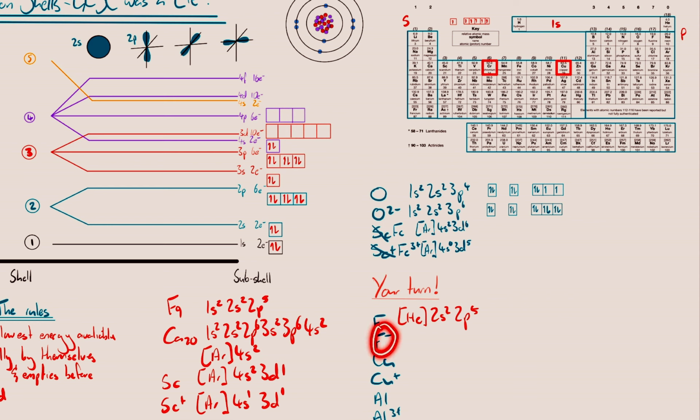F minus, so 1 electron gained, 2s2, 2p6. Copper, remember, one of our exceptions. So start off with Ar, 4s2, it would be normally anyway, d1, 2, 3, 4, 5, 6, 7, 8, 9. But this is one of our exceptions where this is filled first.